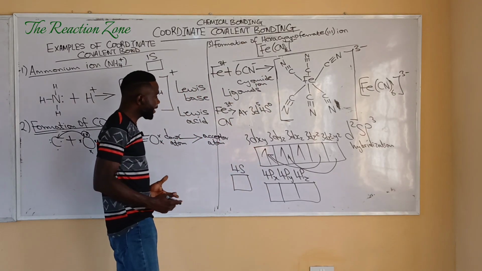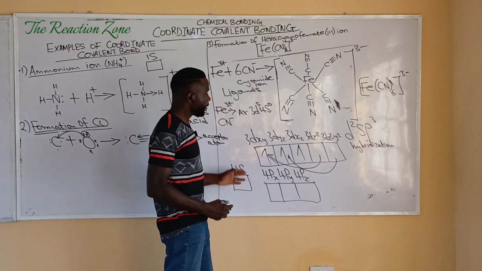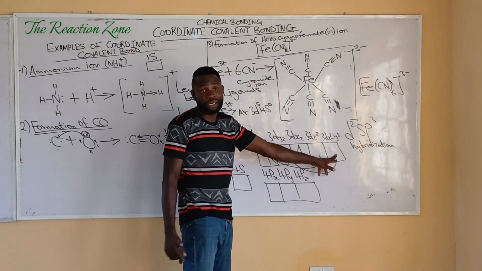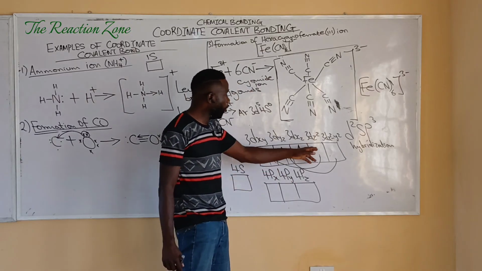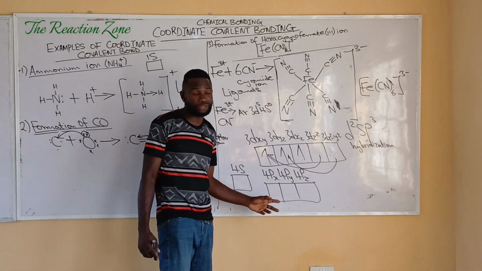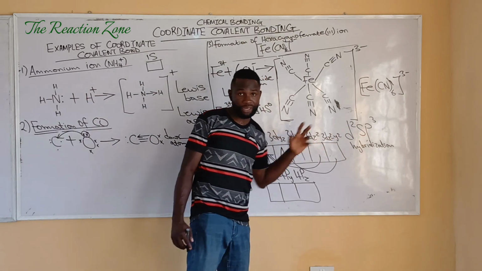So after the electrons in the d orbitals have paired up, leading to the creation of 2 vacant 3d orbitals, the 3d orbitals as well as the 4s orbital as well as the 3 4p orbitals will undergo d2sp3 hybridization.